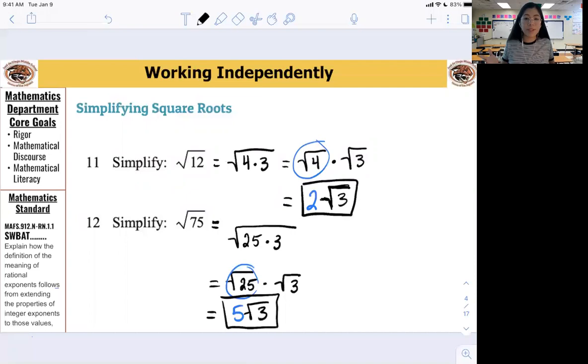And that is that. So kind of one of those things that, like I said, it's just something new to get used to. However, what I do want you guys to do, if you didn't do it yesterday for Khan Academy, I'm going to repost it on Khan Academy, just one assignment. It's going to be good practice to understand how to simplify these types of radicals.